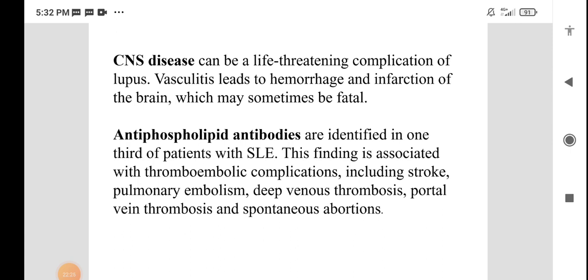Antiphospholipid antibodies are identified in one third of patients with SLE. This finding is associated with thromboembolic complications, including stroke, pulmonary embolism, deep venous thrombosis, portal vein thrombosis, and spontaneous abortions.